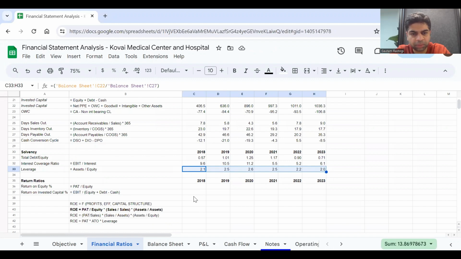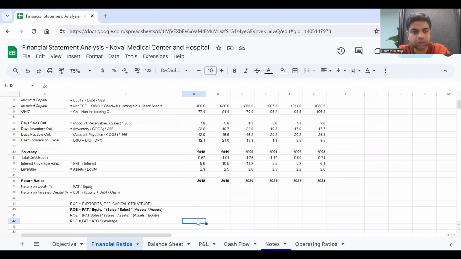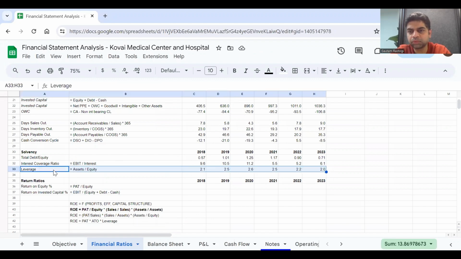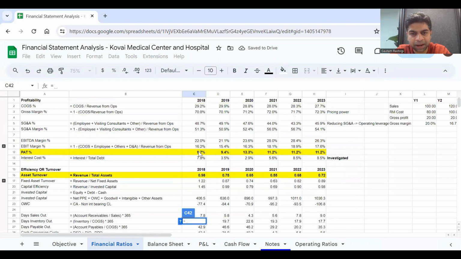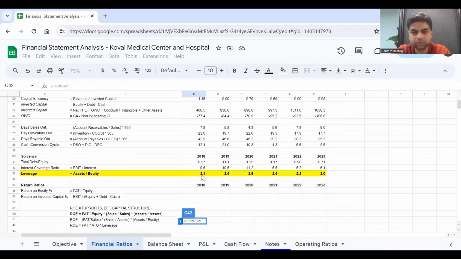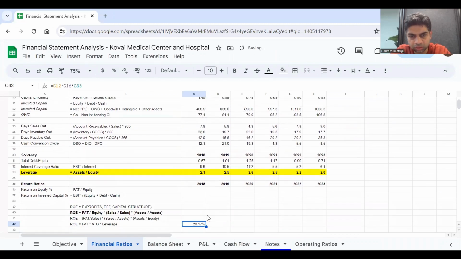Now let me estimate ROE using the DuPont formula. Let me highlight this as well. So ROE is PAT margin into asset turnover into leverage.